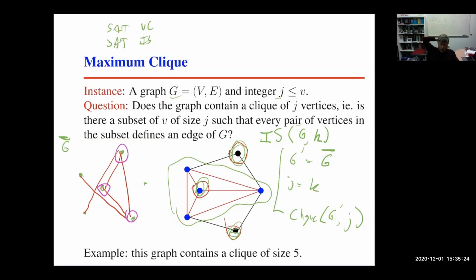So asking, is there a clique of size K in the complement is the same as asking if there is an independent set of size K in the original. Does everybody see that? The amazing thing here is that these two problems are the same. You're saying, wait, where is the clique? If this is the complement, where do we see the clique? What is the clique in the complement? I need another color.